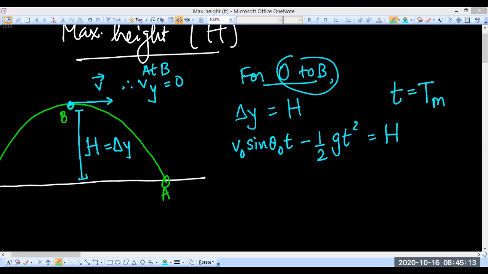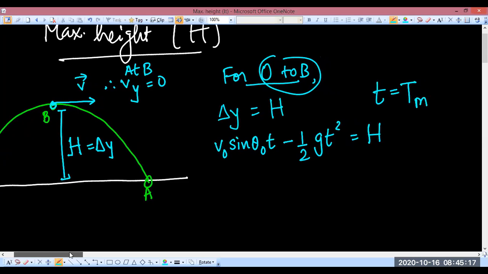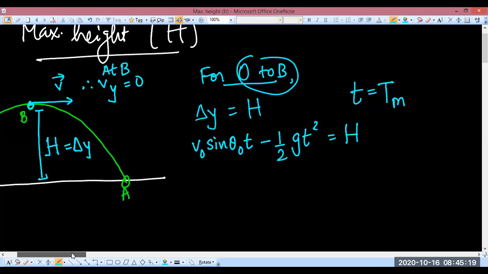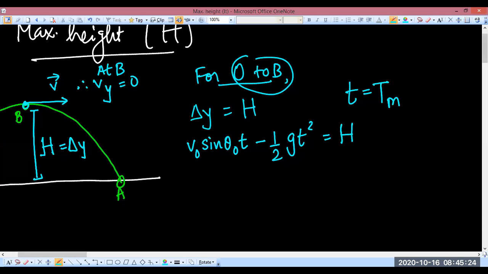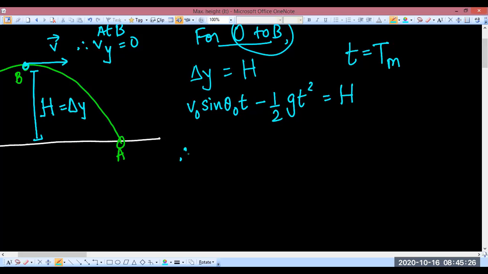So what we are going to do is put the value of t equal to tm here, right? So t is equal to tm, therefore h is equal to v0 sine theta 0 into t. What is the meaning of t? tm, but tm is v0 sine theta 0 by g.